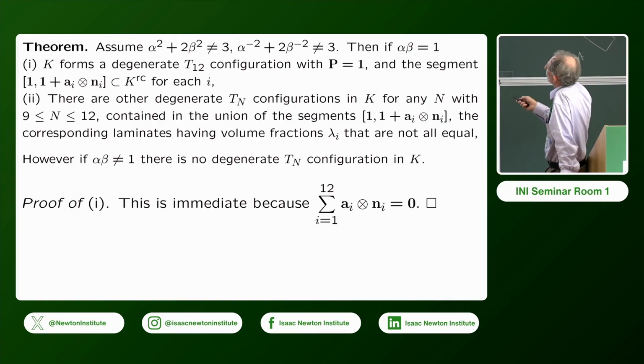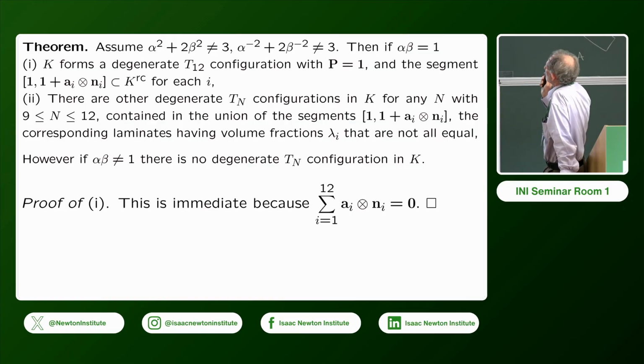So even for n equal to 12, you can find a degenerate T12 configuration without the volume fractions all being equal as they are in the case from here.